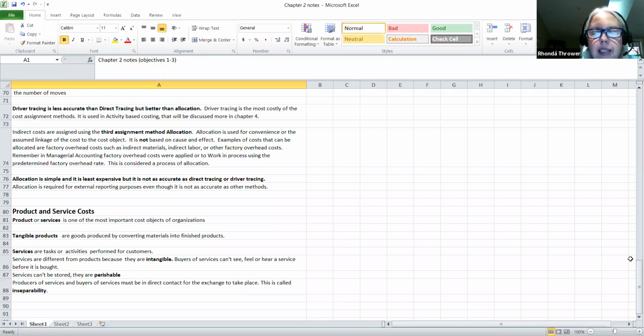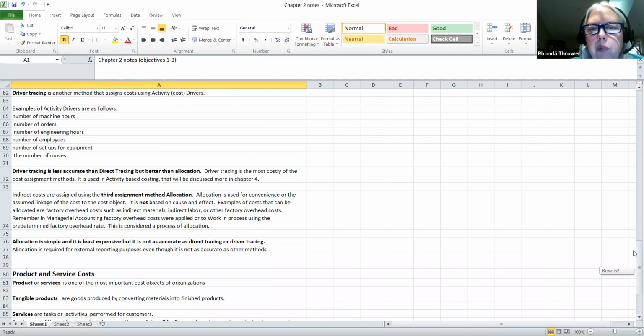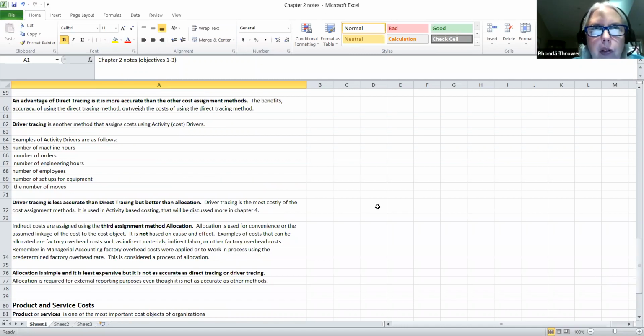So these are a few of the terms that they introduce to you in objectives 1, 2, and 3. I want you to be sure that you read objectives 1 through 3 in your textbook. And I've provided a link for that for you in Blackboard. That link is under assignments.